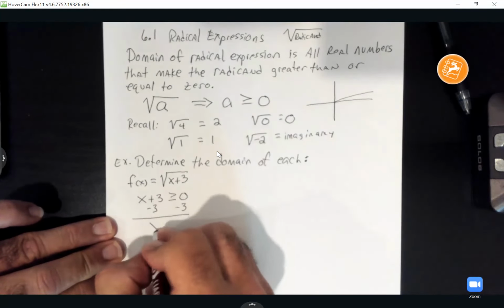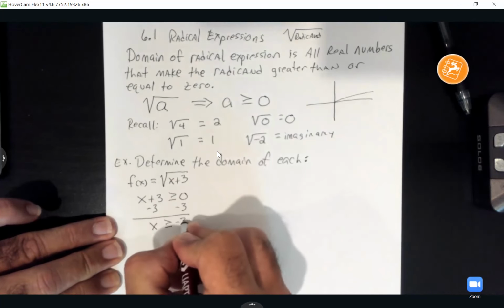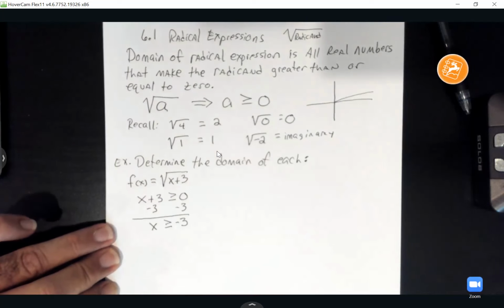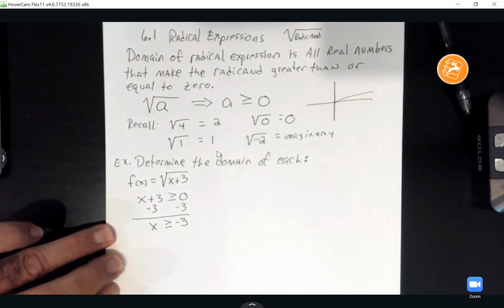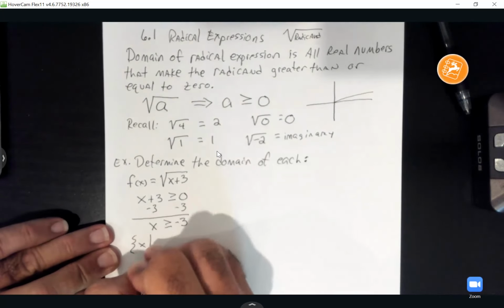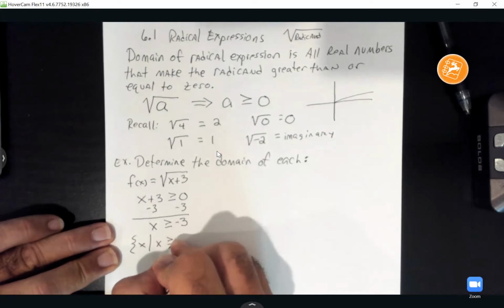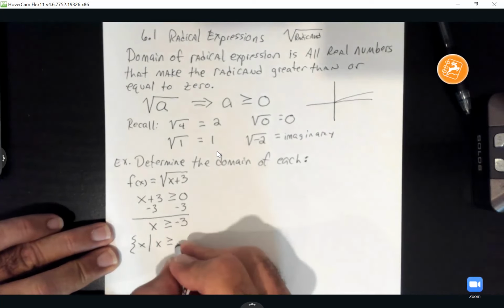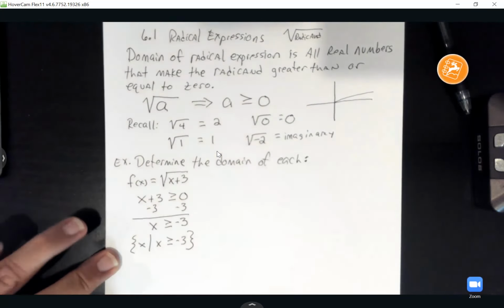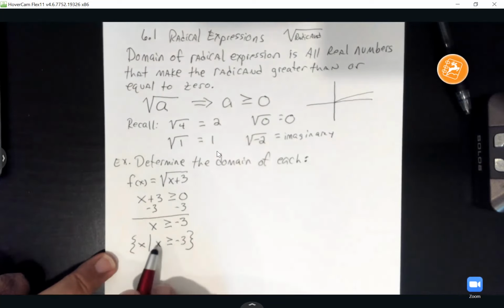And this tells me that my x has to be greater than or equal to -3. So for this answer, I would have x such that x is greater than or equal to my -3, close parentheses. All right, so y'all get an idea?